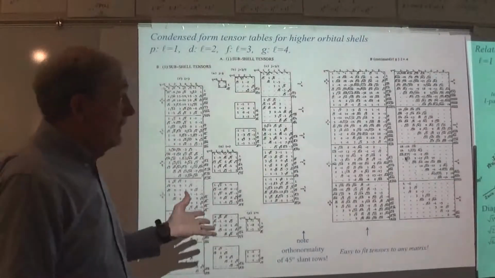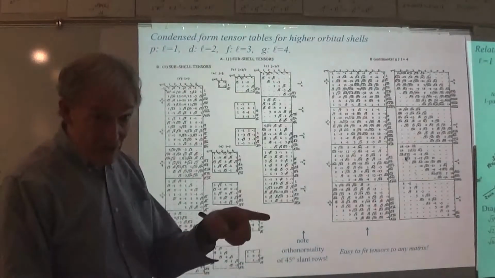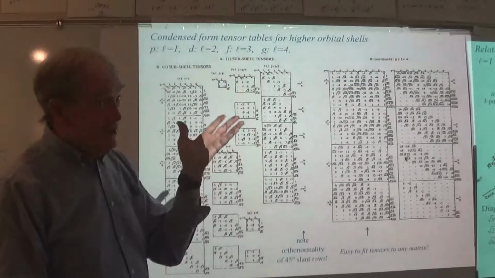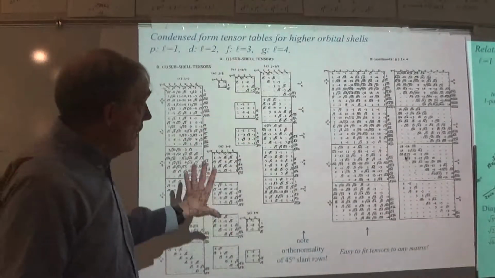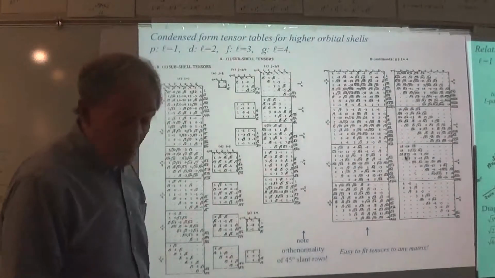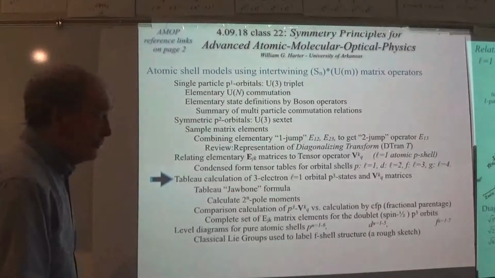And the other tables that I am not showing you here are the ones that go cross shell. If you have a P shell and then you've got a D shell above that, you need a table of this kind of elementary operators for that as well, if you're going to play this game with the Lie groups. Okay, well, we're doing pretty well here.